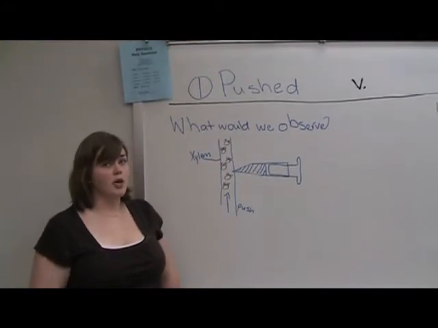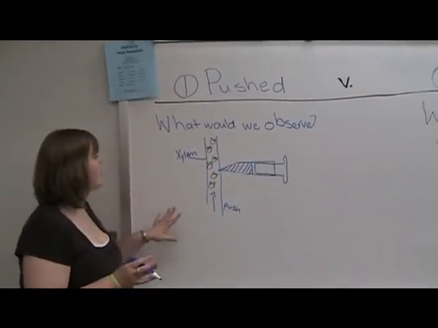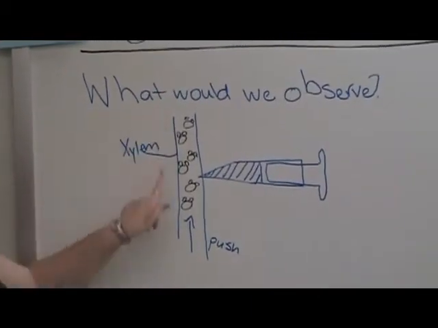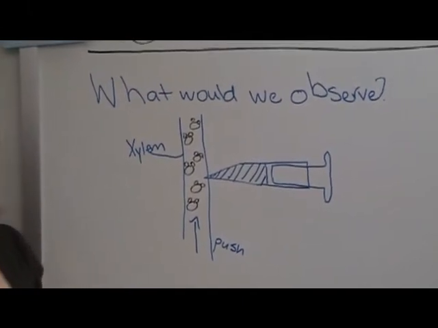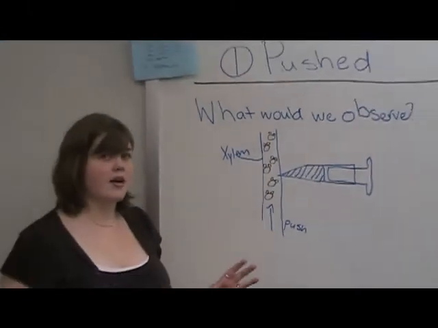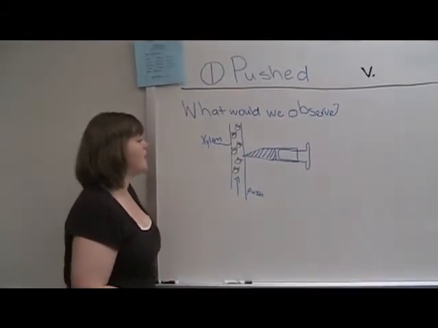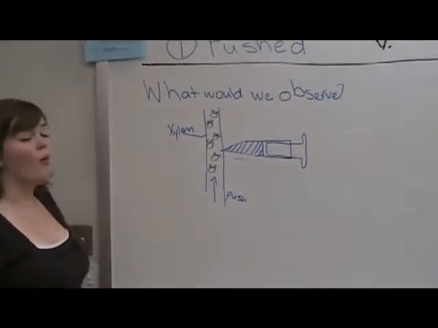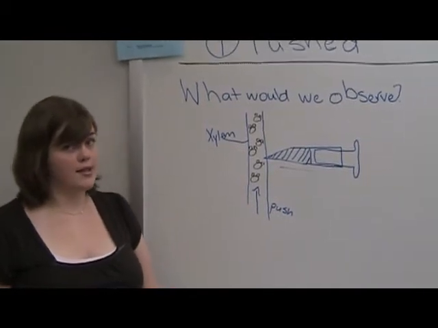So if water is being pushed, what exactly would we observe? I drew this picture up here, and here's the xylem in the middle with water being pushed in one direction only. Whether it's being pushed by the root system or by some kind of pumping mechanism, doesn't matter. The outcome's the same. Water is being pushed in one direction. Here's a syringe with the blue dye. What happens when you get an injection from a doctor directly into your vein?